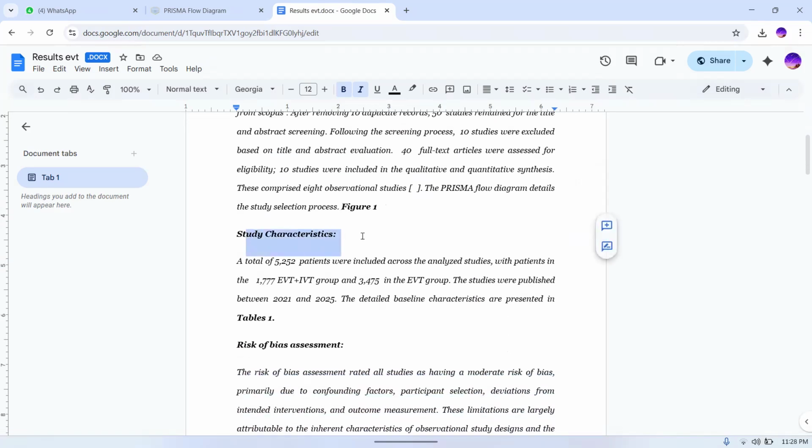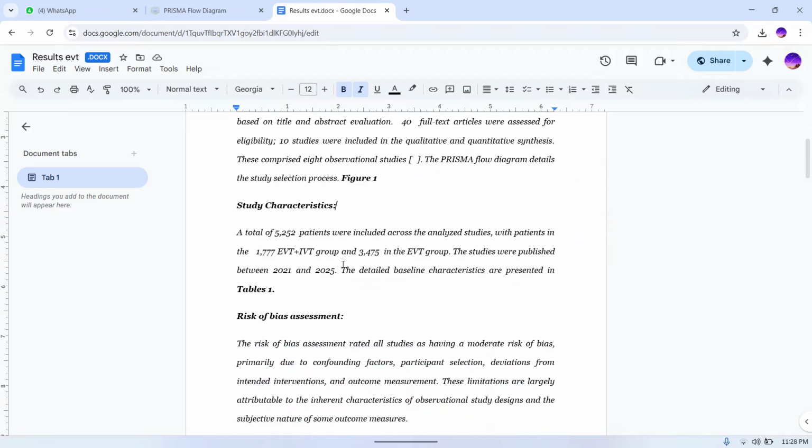The study characteristics section is really easy because we already learned about the baseline characteristics. Here we would simply write how many patients were included in the studies. You would add the sample sizes of the intervention and control groups from your baseline table.